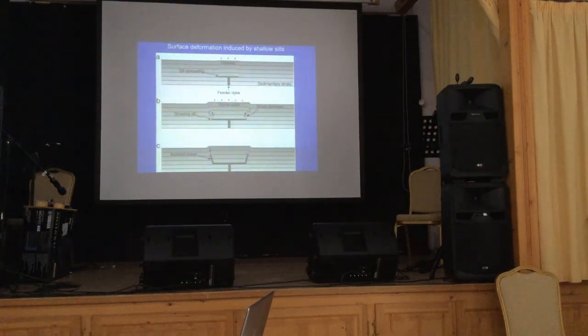This is due to the shape of the sill, which is a horizontal intrusion, so it tends to push upward all the block above the sill. So the response of the deformation instruments is quite different with respect to a dike.